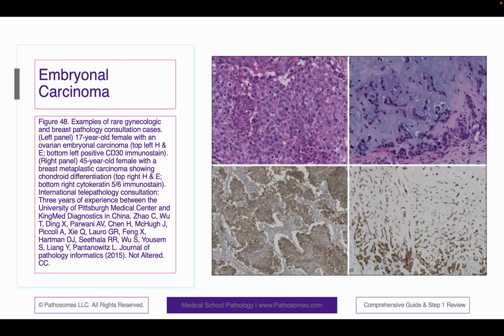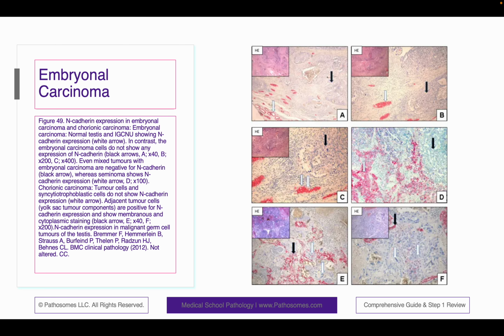In particular, in the left panel, we have an embryonal carcinoma also undergoing a CD30 stain, picking up and highlighting that. And these are various images showcasing how E-cadherin expression occurs in embryonal carcinoma and choriocarcinoma.